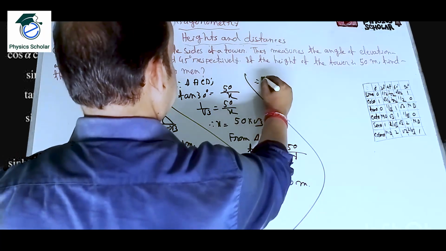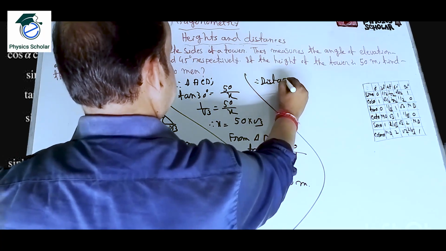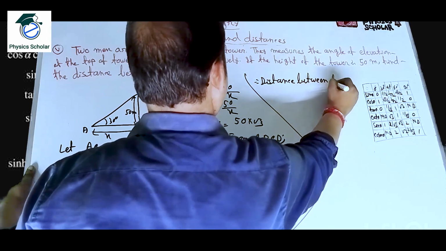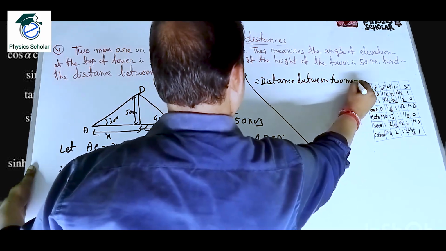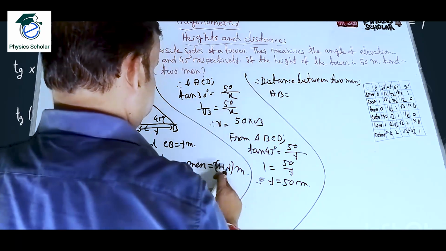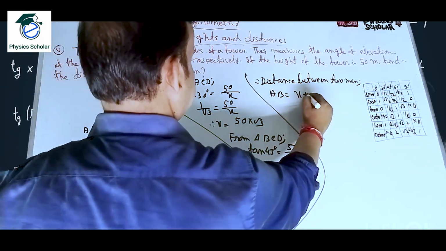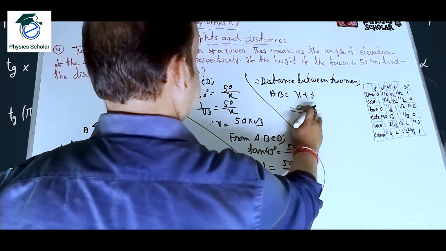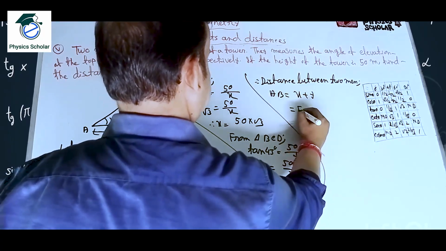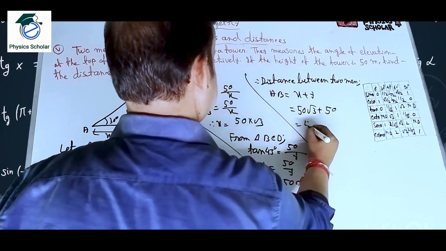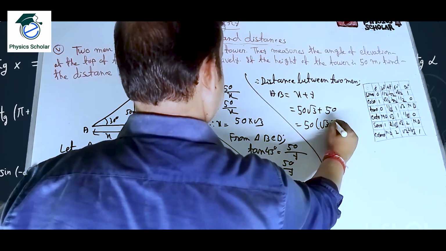Clear? So the distance between two men, AB, is equal to x plus y. What is the value of x? 50 root 3 plus 50, that means 50 into root 3 plus 1.